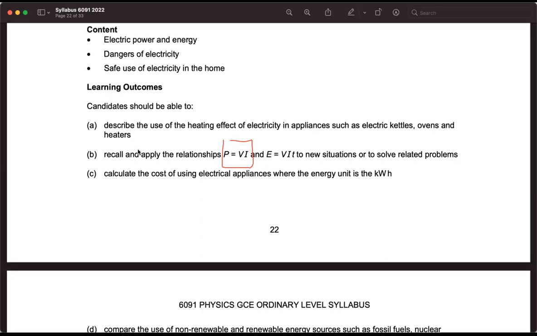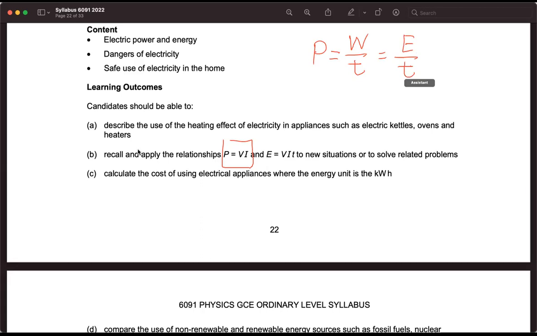This is something new that you learn in this topic. And where do you see power before? I mentioned earlier on, previously you learned in the topic of work, energy, and power that power is the work done over time or energy over time.